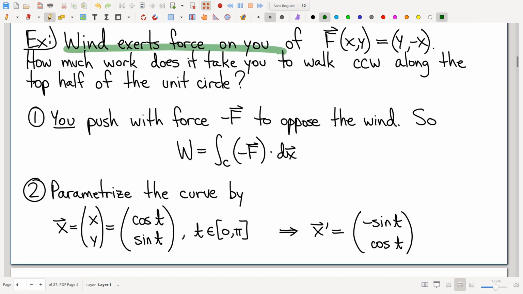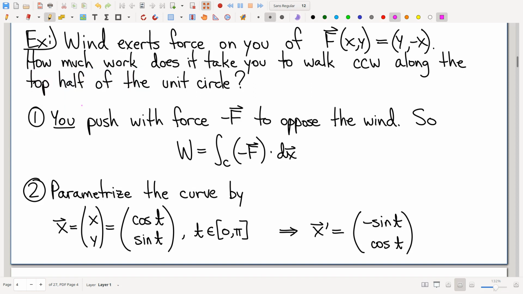Wind is exerting a force on you as you walk along a path. You want to know how much work it takes you to walk along the top half of the unit circle, going counterclockwise.